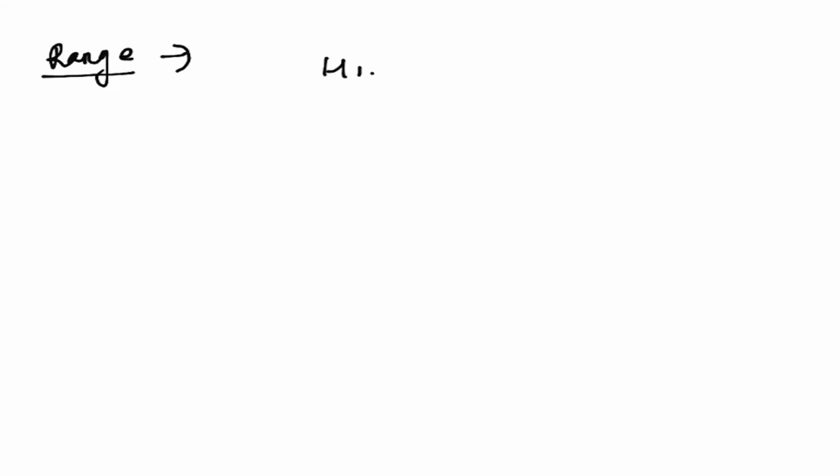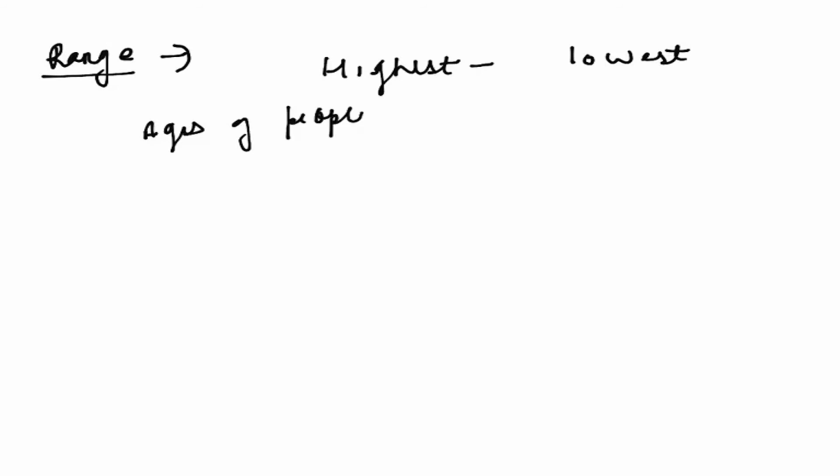That is highest minus lowest. For example, we have a group of people, and the ages of the people in that group are like, some people are 50, one is 41, one is 28, one is 33, one is 20, one is 10.